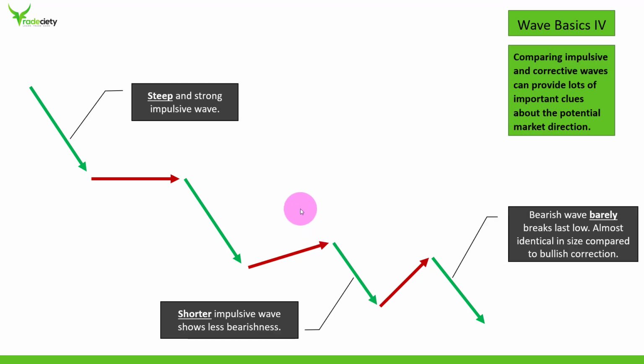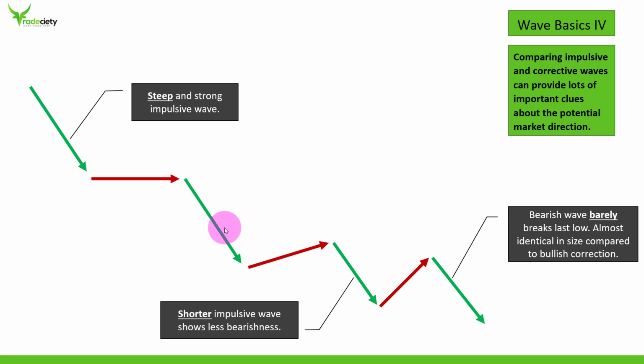We can also look at the impulsive waves to get a much better understanding. First of all, a very steep and strong impulsive wave shows that the trend is intact and it is likely to continue. Shorter impulsive waves show less strength, and especially when shorter impulsive waves come up later in a trend, it shows that not too many people are probably interested in continuing this big picture trend anymore.